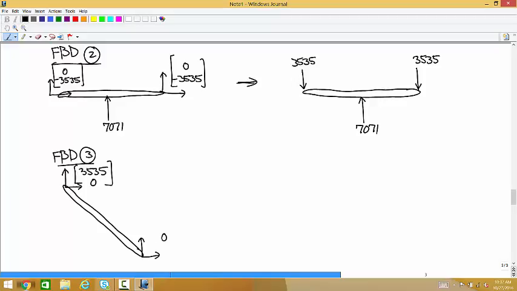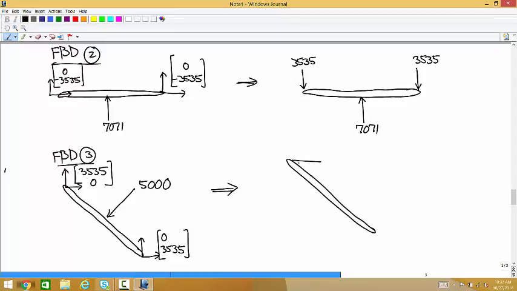So that's 0, 3,535. And then we have the 5,000 Newton force. And so you have a horizontal force of 3,535, a vertical force of 3,535, and a force of 5,000 diagonal.